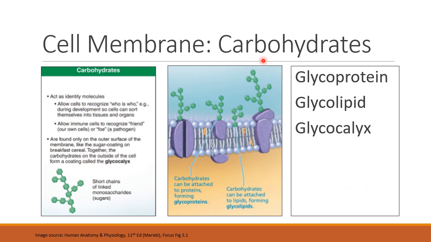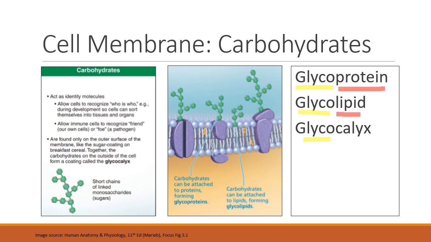Next are carbohydrates. Now, I had mentioned in a previous slide about something called a glycoprotein. A glycoprotein basically is, if you take the word apart, notice these all have the same thing, glyco, and glyco. Well, glyco just means sugar, like glucose almost. And so we have a glycoprotein, so it's a sugar attached to a protein.